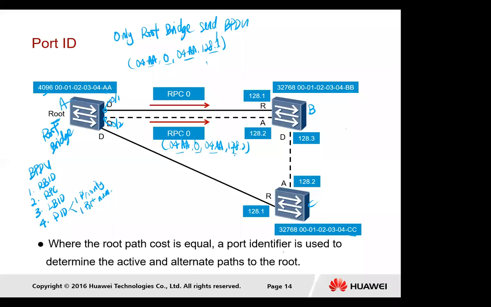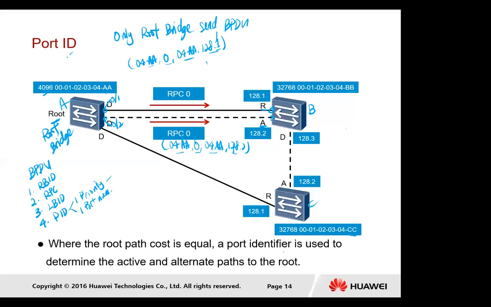First they compare the priority. Whichever has the smaller priority is the best. But when both are 128, they compare the port numbers. Whoever has the smallest port number is the best. That's why this interface becomes the root port and this interface becomes alternate.